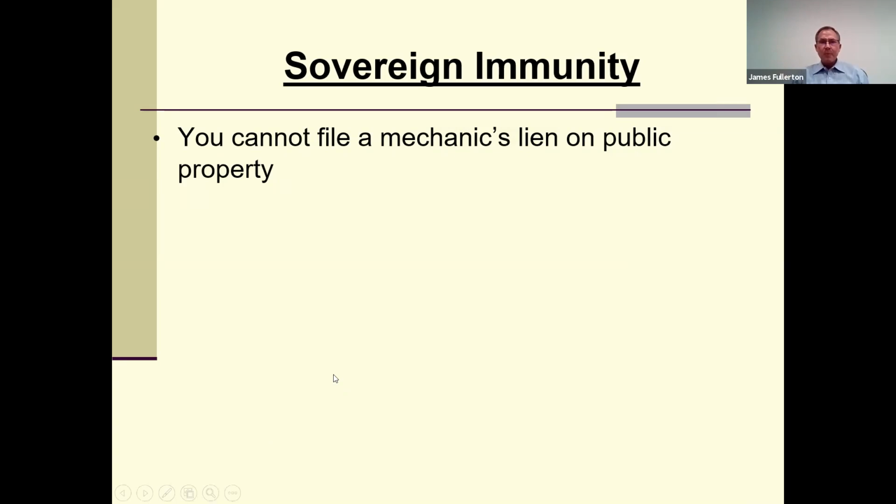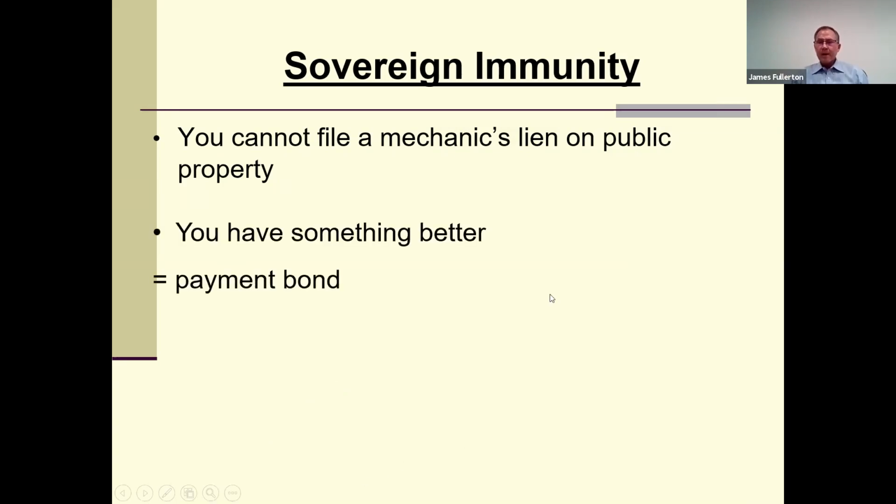So in response to that, the federal government passed what's now known as the Miller Act, which requires a payment bond on most public construction projects. And it's really better than mechanics lien rights.